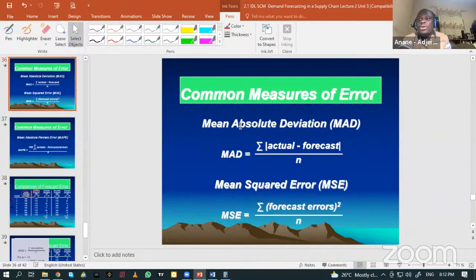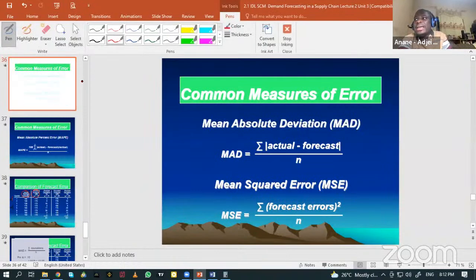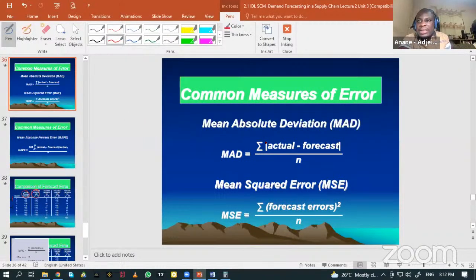The formula to find the mean absolute deviation is the sum of, and we have a bar here. This bar stands for the absolute.